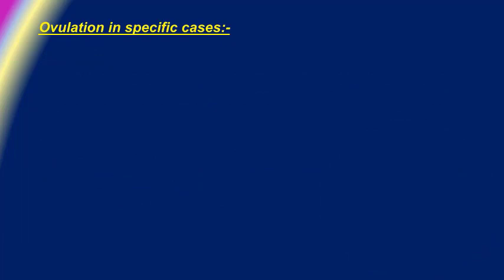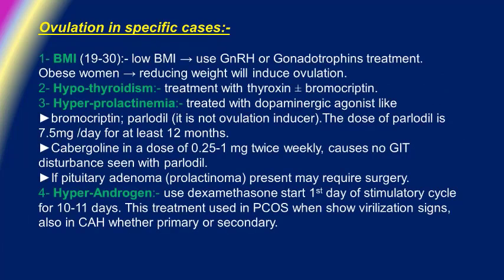Ovulation induction in specific cases, according to body mass index. The normal body mass index is from 19 to 30. Low body mass index is 18 and less. We use GnRH or gonadotrophin treatments because those with anorexia nervosa and very low body weight have less gonadotrophin secretion and less GnRH secretion.